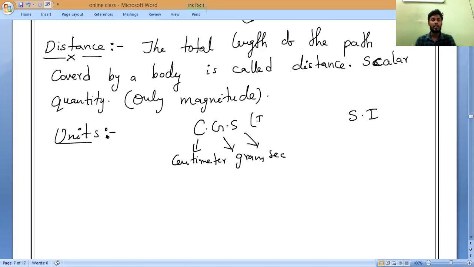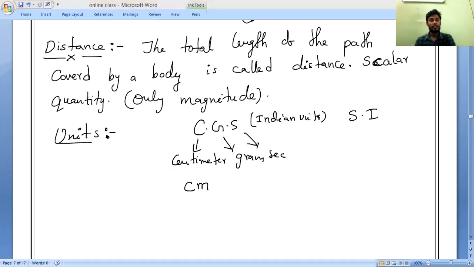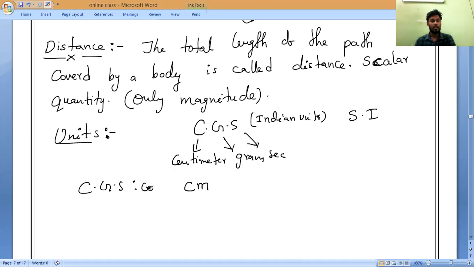This is our Indian unit. So the CGS unit of distance is centimeter, cm.